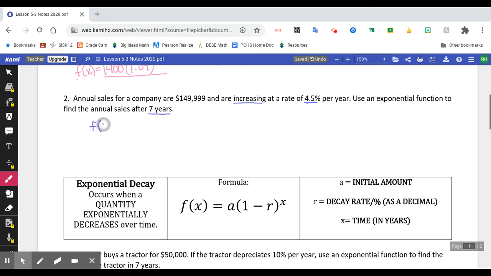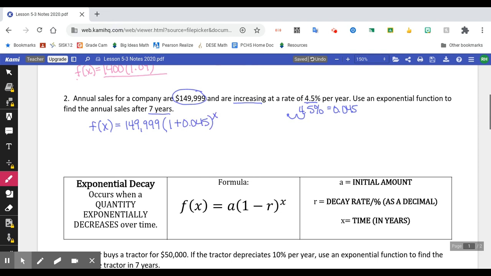I'm going to have f of x equals a, my initial amount, so 149,999, right, times 1 plus, because it's increasing, 4.5% as a decimal is 1, 2. So it's 0.045, right? And then to the x.